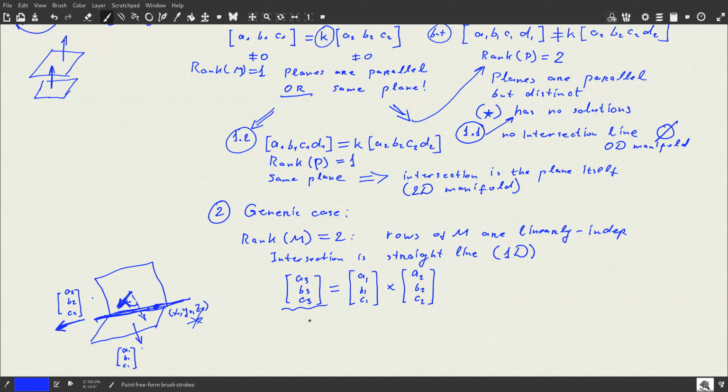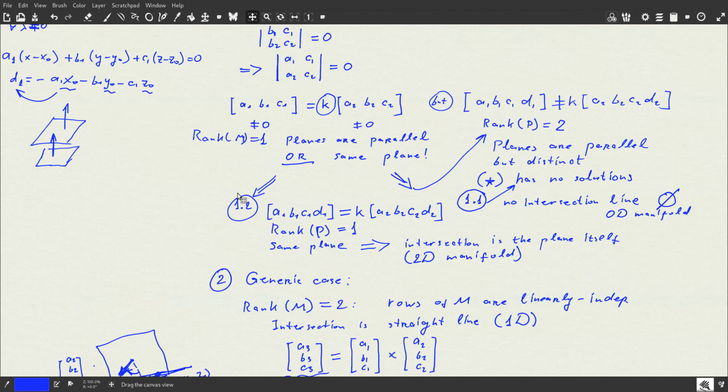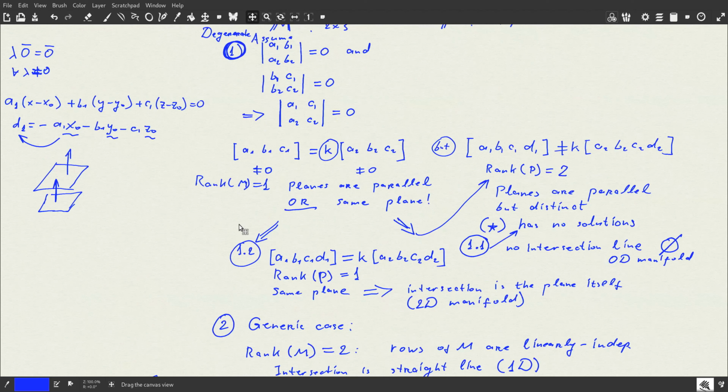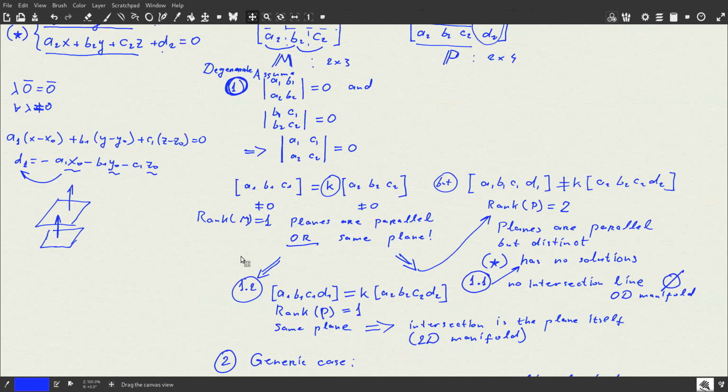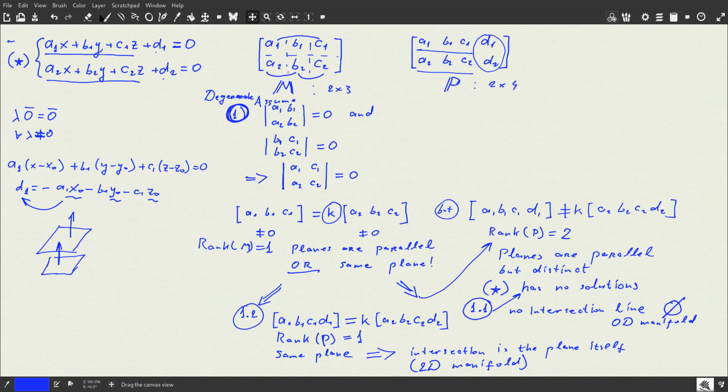How do we find it? Unfortunately, it still means that we need to solve our system of linear equations. But it is an easier task in this case, because we already know that under those genericity conditions, the system is solvable. And secondly, we don't even need to find a general solution to it. It is sufficient to find just a single point.